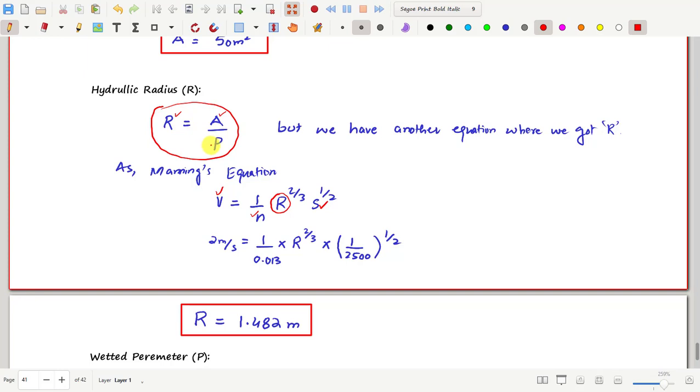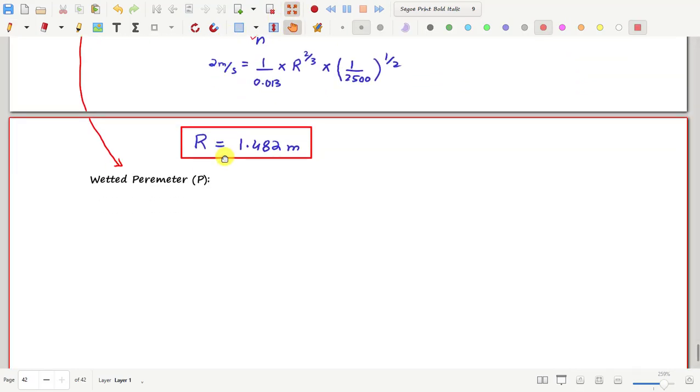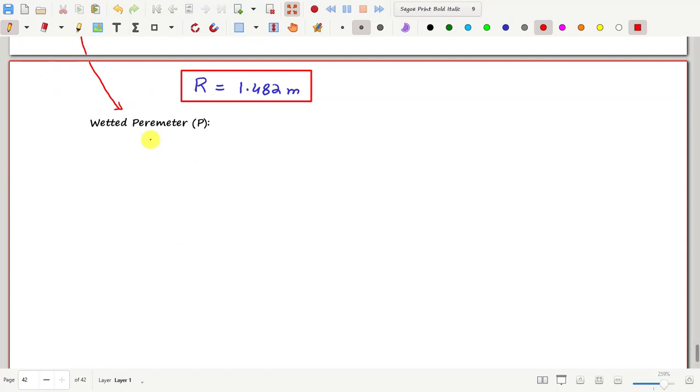So let's use this: R is equal to A divided by P. So P is equal to cross-sectional area divided by hydraulic radius.